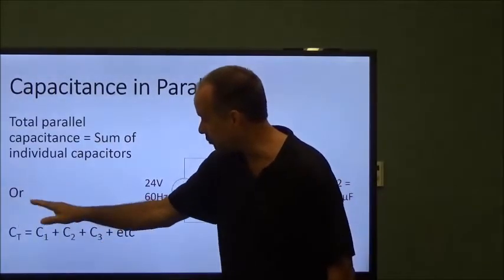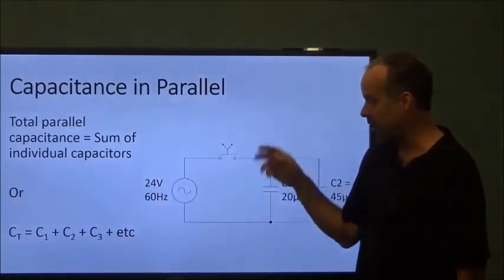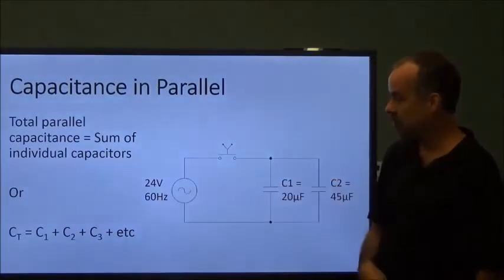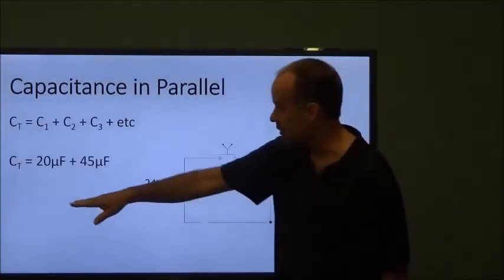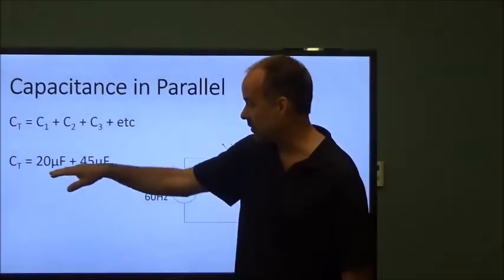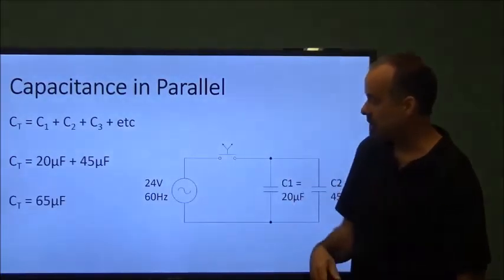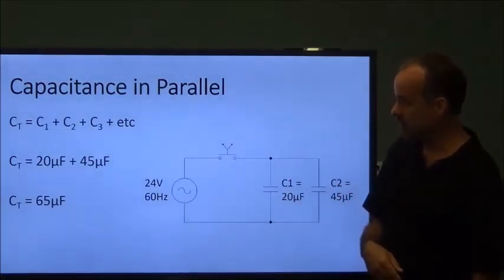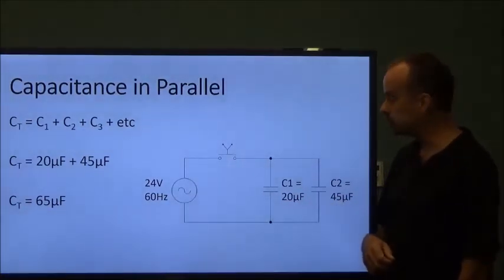So here's the actual formula: CT equals C1 plus C2 plus C3, or however many you have in parallel. We just simply add them all together. So if we take our 20 microfarad plus our 45 microfarad, and notice they're using the same units, it comes up to be a total capacitance of 65 microfarad. You just simply add them together when they're in parallel.